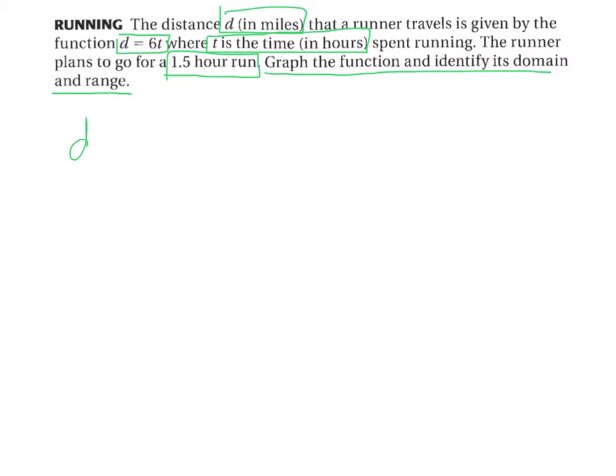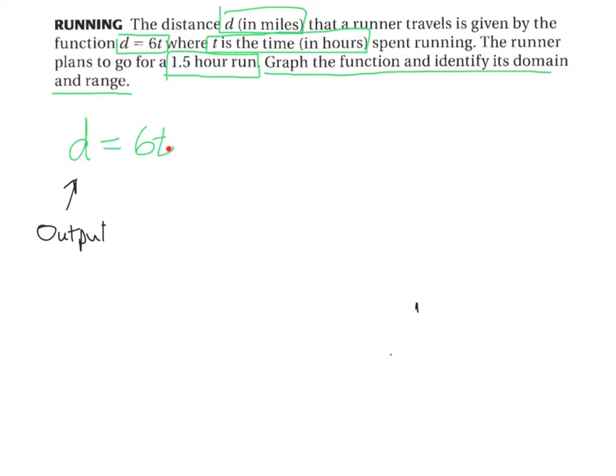If I look at this function, d equals 6 times t, because we have d all by itself, it makes the most sense to think of d as the output. Which makes a lot of sense because the distance that the runner runs should be the output, and the input should be how much time the runner spends running.